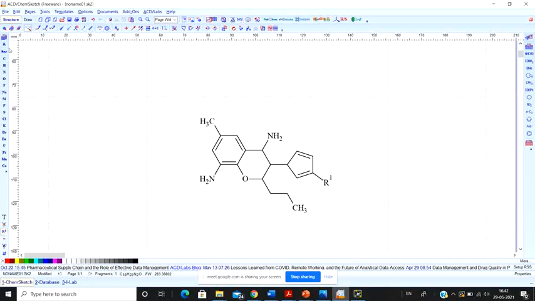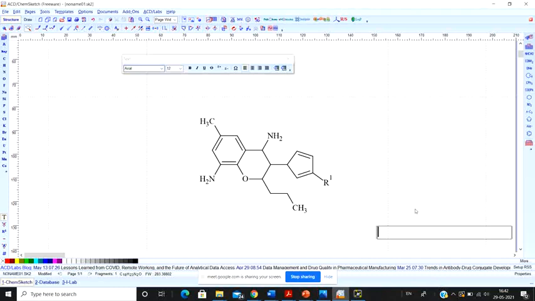Now you can simply click on this text box option. This T is for text, and now you can write R1 equals to, suppose I write CH3, comma, OH, comma, zinc, like this.